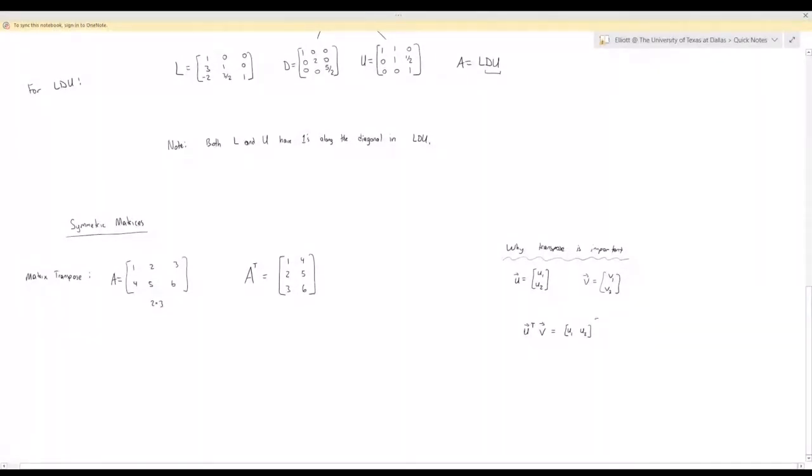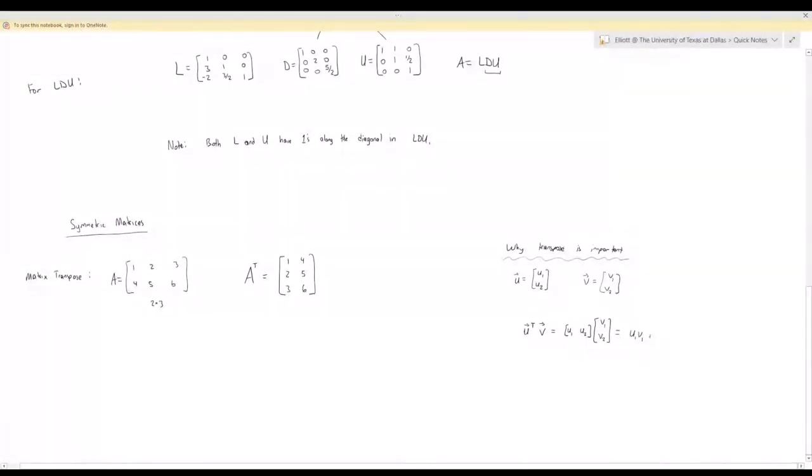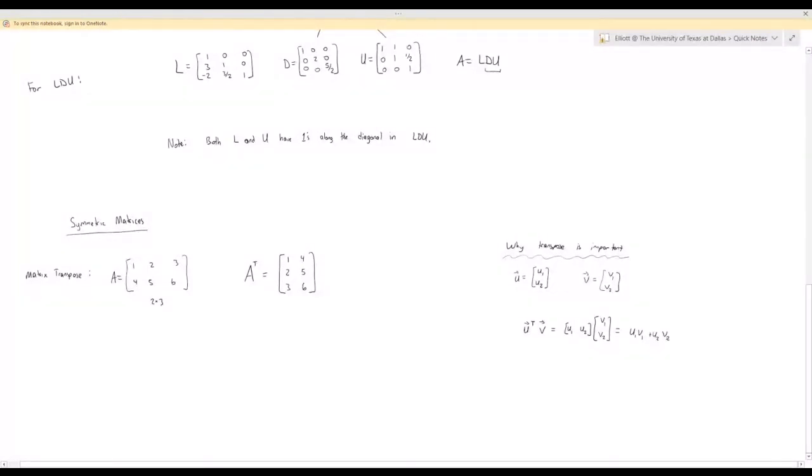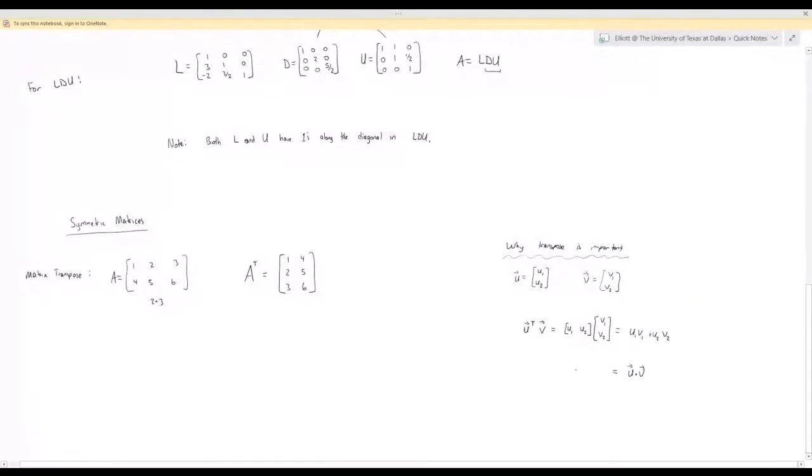So U transpose times V. And then when you do the usual matrix multiplication of row times column, it's U1 V1 plus U2 V2. And what you should notice is that U1 V1 plus U2 V2, that is precisely the dot product of the vectors U and V.